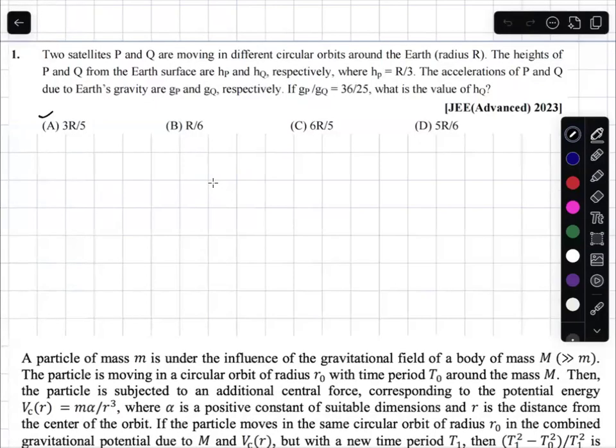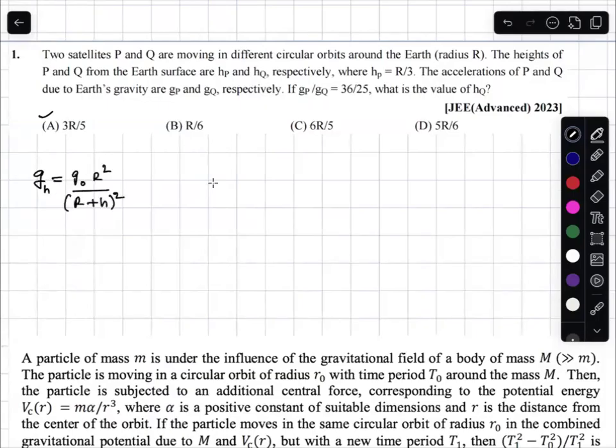What I have clearly understood, I will try to explain. You are comparing, for the same planet, two different satellites. For the same planet, different heights. We know very clearly that g at a height is g naught R square by (R plus H) whole square.